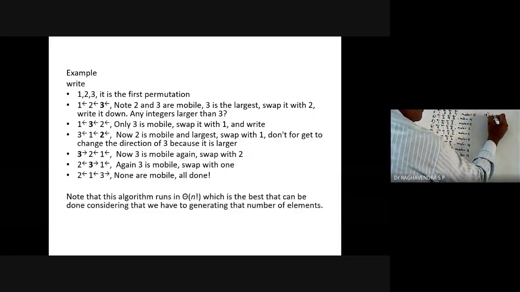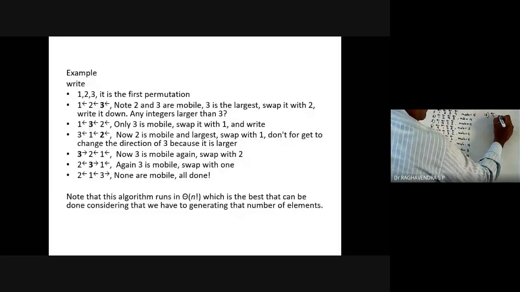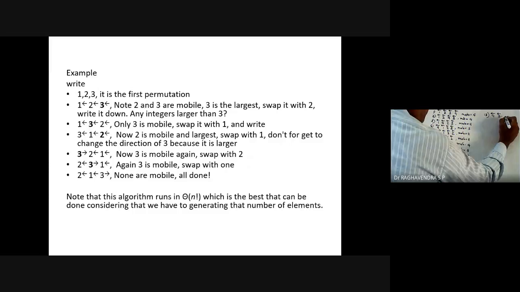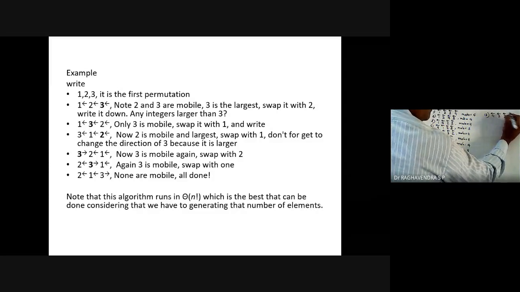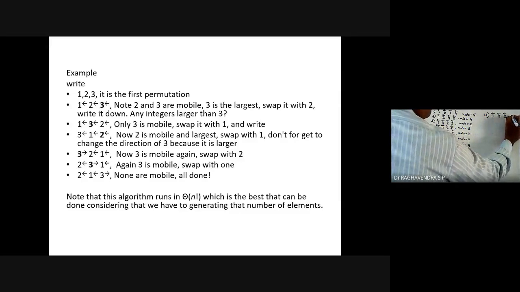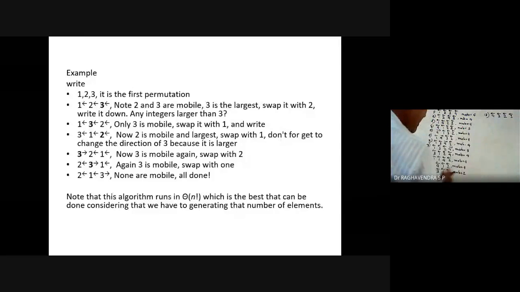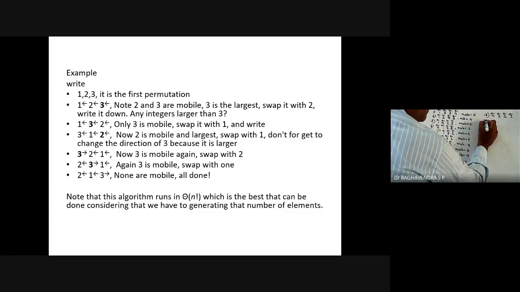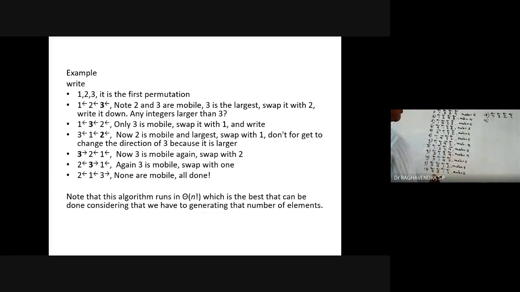So 4, 3, 2, then we have 1. Okay, so 2 and 1 are interchanged. Now the direction of the larger number, that is 4, will be reversed. Okay. So reverse, what happens?